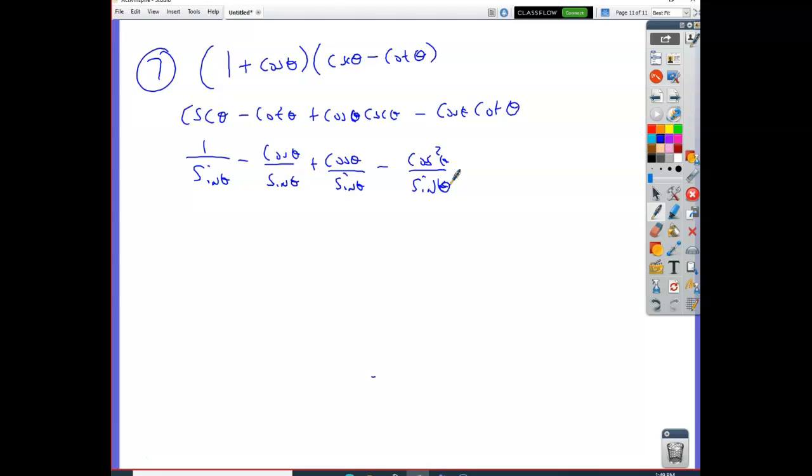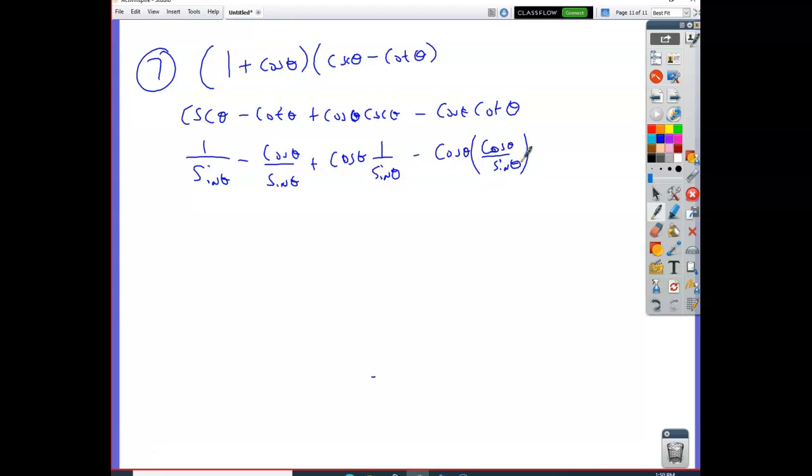I'm kind of confused. Let me take a moment to explain this step. I've got cosine theta. Cosecant is 1 over sine theta, correct? Minus cosine theta times cosine theta over sine theta. Is that okay with you?